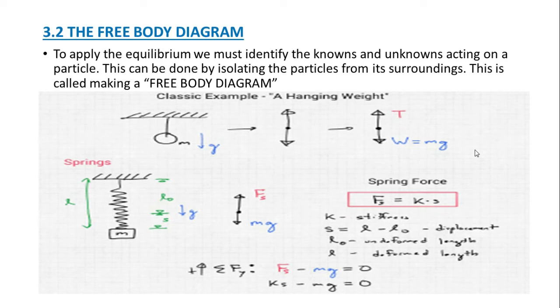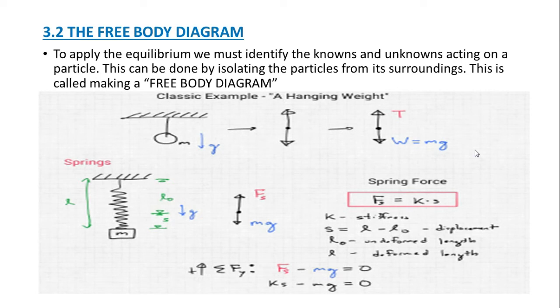When you apply sigma Fy, you will get Fs, which is the vertical force, minus mg, which is the downward force. But what is Fs going to be equal to? As I told you, it is the spring force. So the spring force will be K times S minus the weight, mg. So you could write this equation as Ks minus mg.